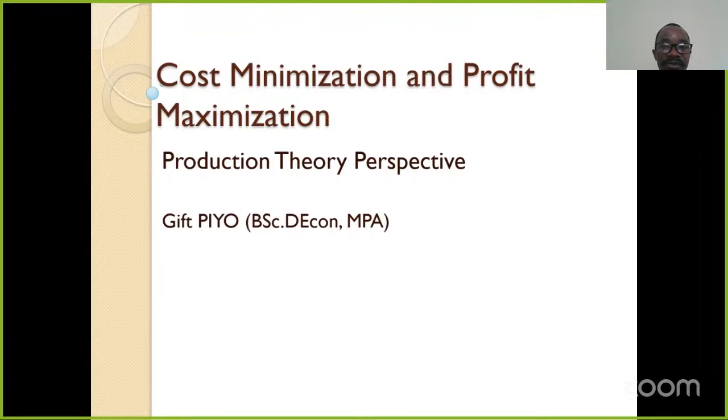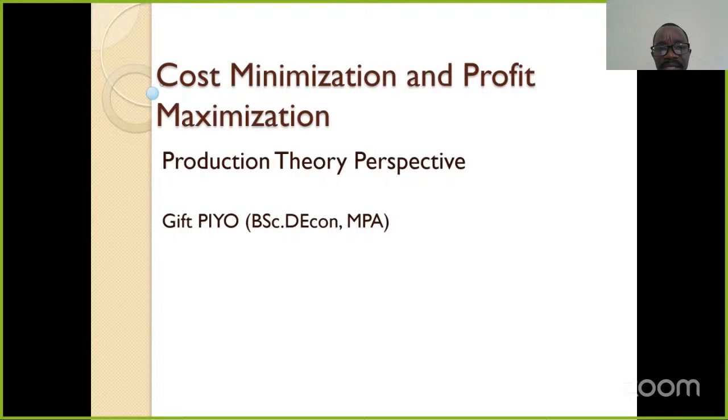And in the course of maximizing the profit, the businesses opt to minimize the cost. Because when we are talking about profit, we are talking about the difference between the revenue, what the businesses get after sales, and the cost that they incur.